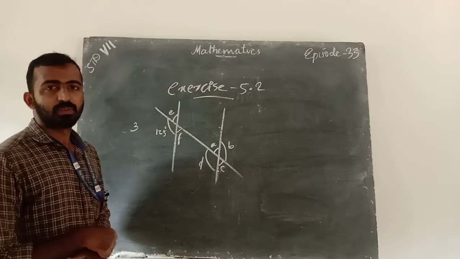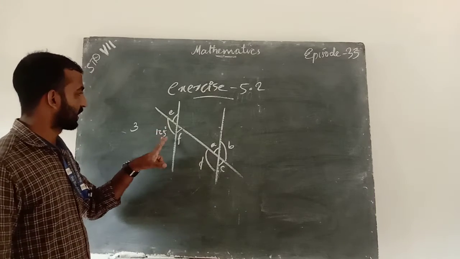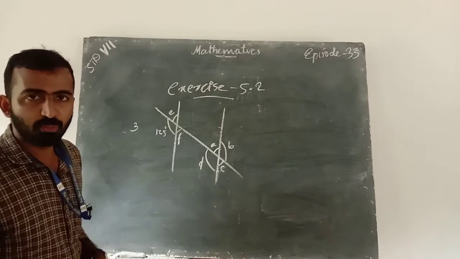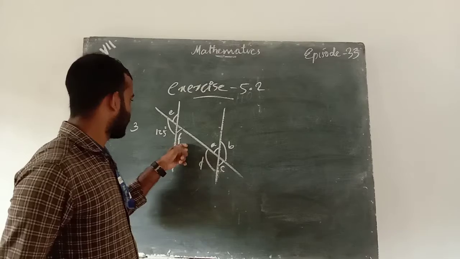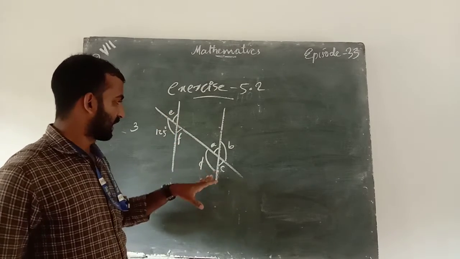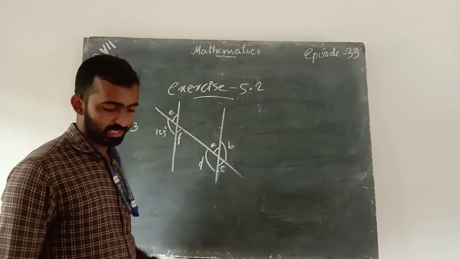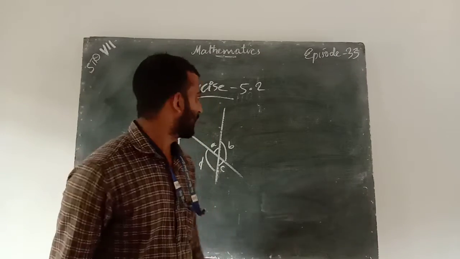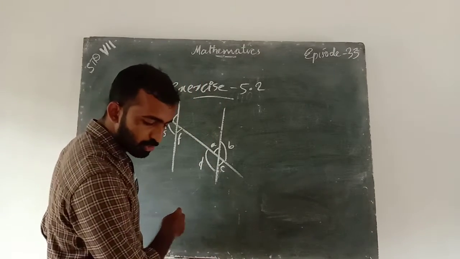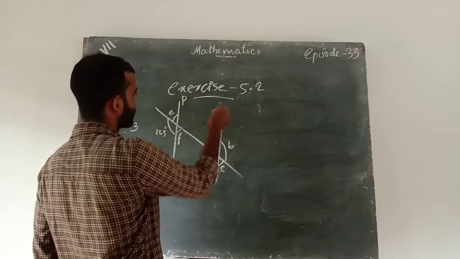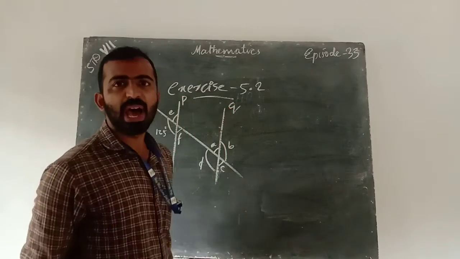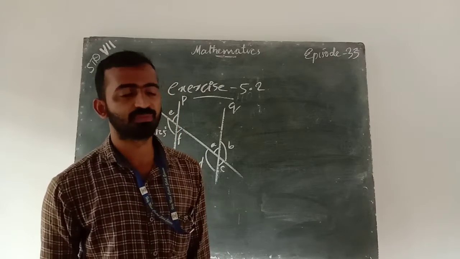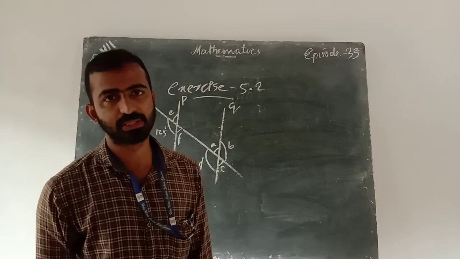This is the figure. Here is 125 degree, here is F, here is E, here is A, B, C, D. Question is, in the following figure, P is parallel to Q. Find the unknown angles.